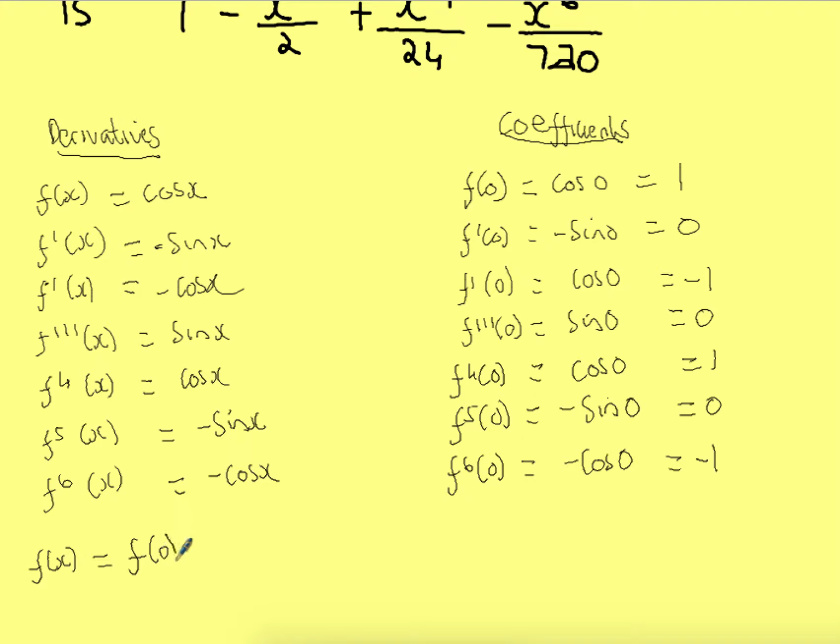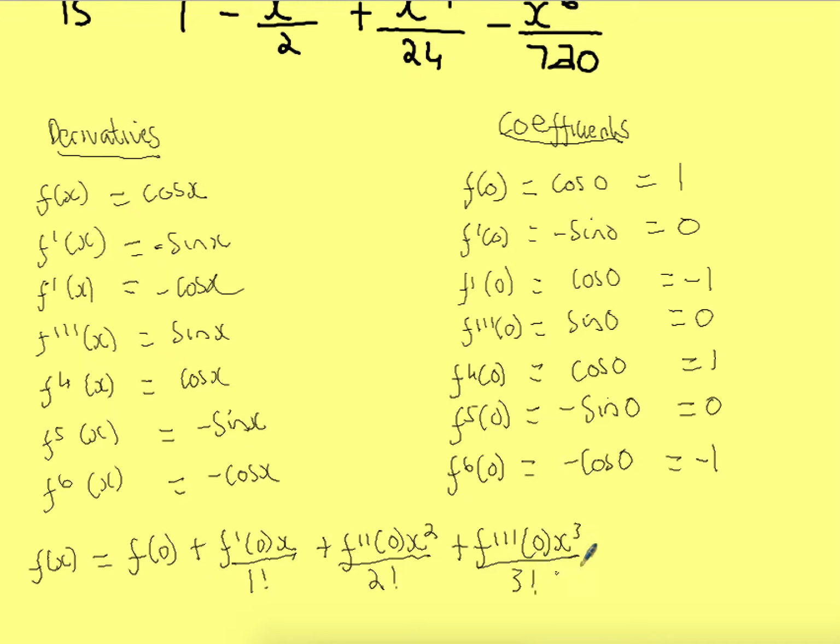Right, so then we say f of x is equal to f of 0 plus f dashed of 0 x over 1 factorial plus f double dashed of 0 x squared over 2 factorial plus f triple dashed of 0 x cubed over 3 factorial plus the fourth derivative 0 x to the power of 4 over 4 factorial, and so on.